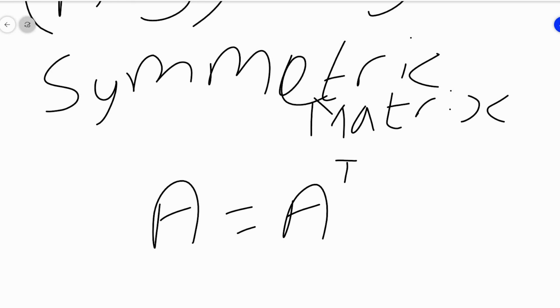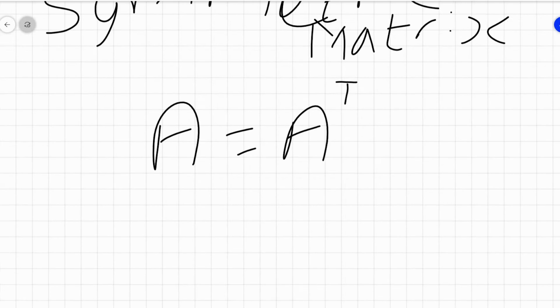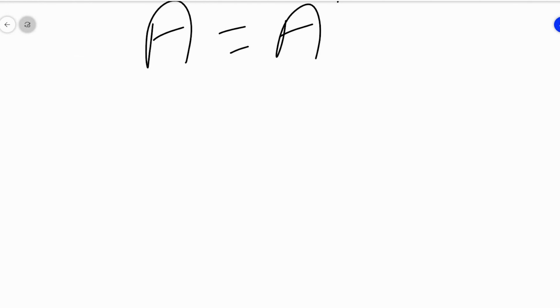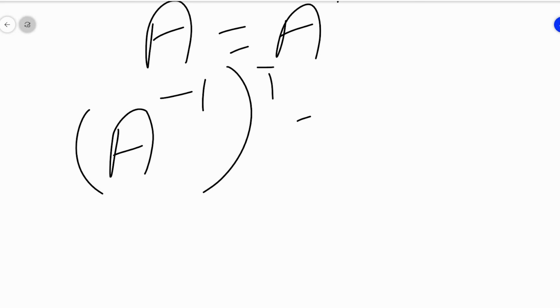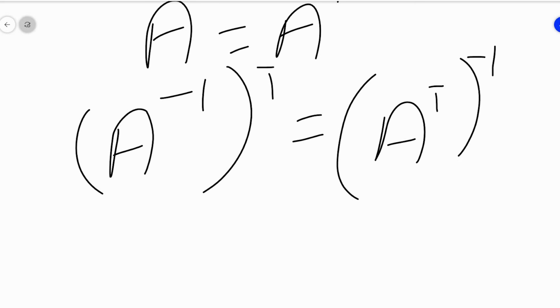Something we should be mindful of is that when we say a matrix is symmetric, it simply means some things, and it does not imply some other things. For example, A inverse transpose is equal to A transpose inverse.